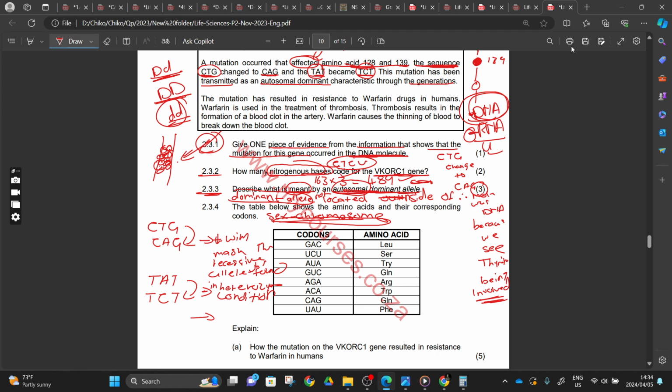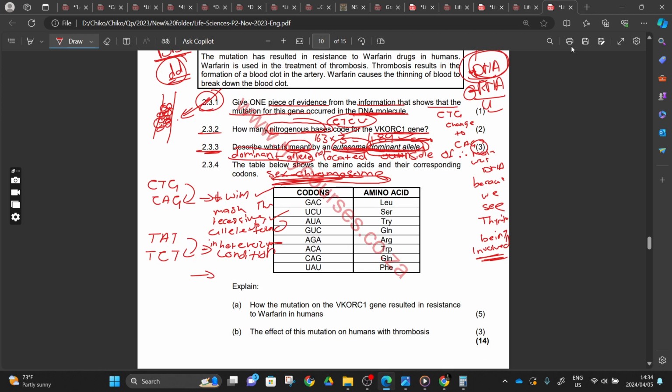So you get one mark for understanding that this is a dominant allele, and this dominant allele is going to mask, or be expressed, when it is found in heterozygous condition with a recessive allele, right? And then you also show that this dominant allele is doing that, but it is not on a sex chromosome, right?